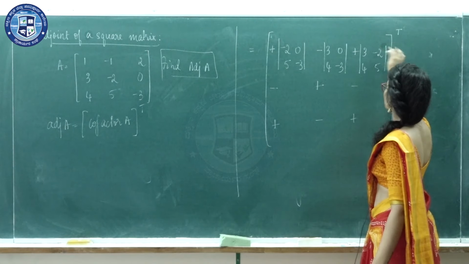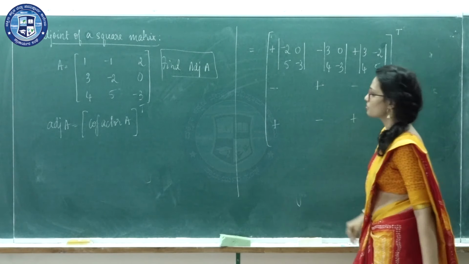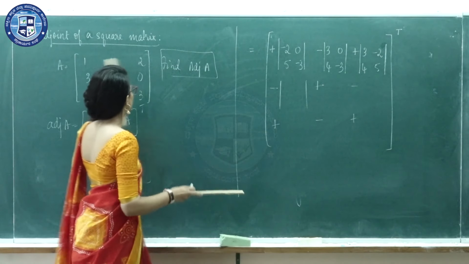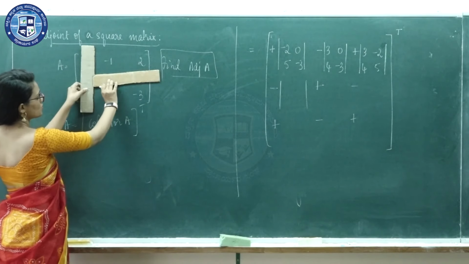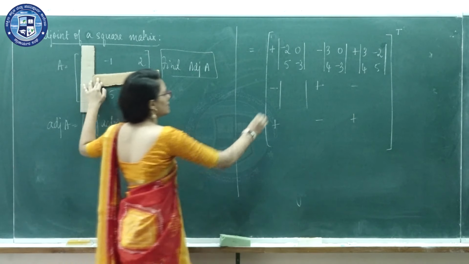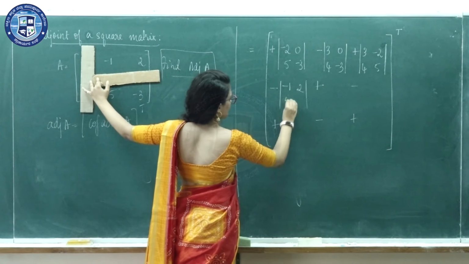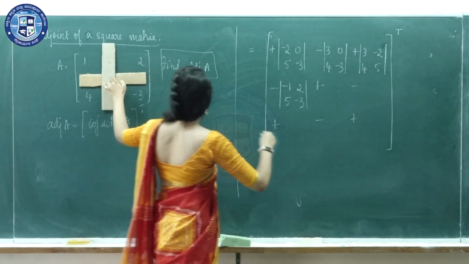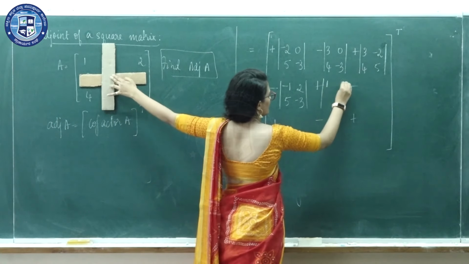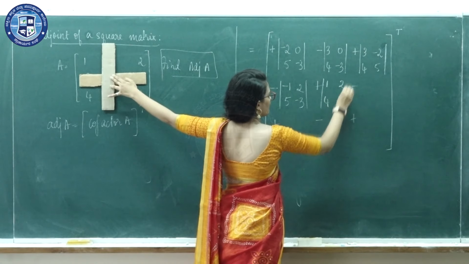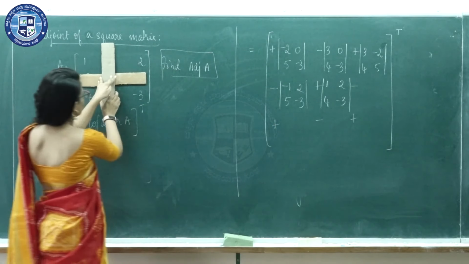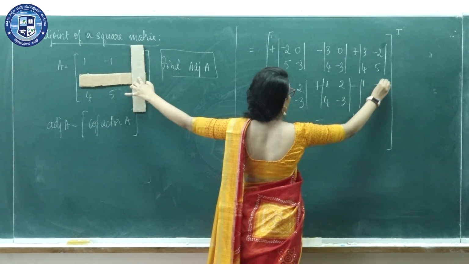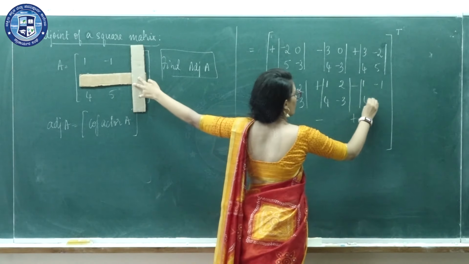So similarly, we will fill in the rest of the matrix. For this term, we delete the first column and the second row. We get minus 1, 2, 5 and minus 3. For the next term, we delete this, so 1, 2, 4, minus 3. For the next term, we delete this, so 1, minus 1, 4 and 5.